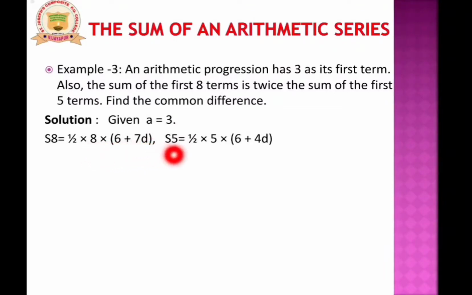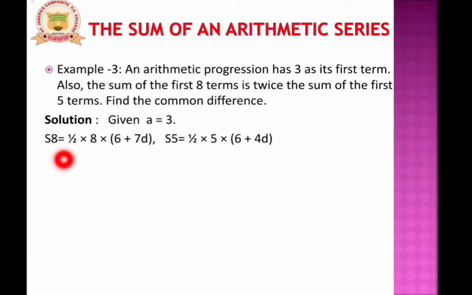Same way, first 5 terms. Sum of first 5 terms is S5, which is equals to 1 upon 2 into 5 into, again apply the same formula, n by 2, 2a plus n minus 1 into d. So 2 into 3 is 6 plus 5 minus 1 is 4, 4d.